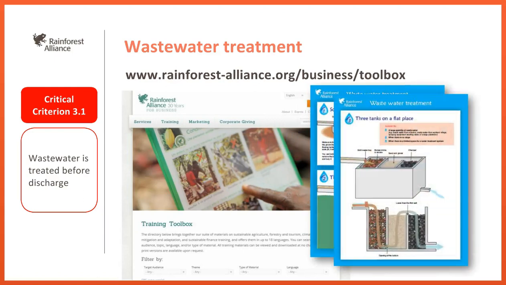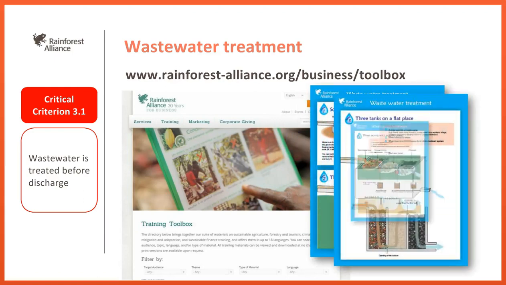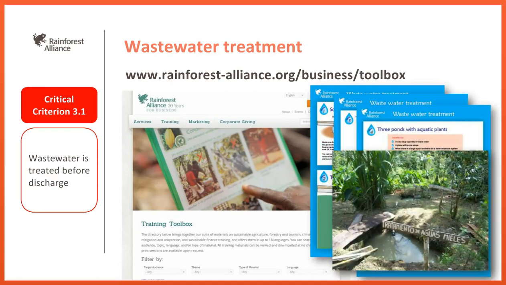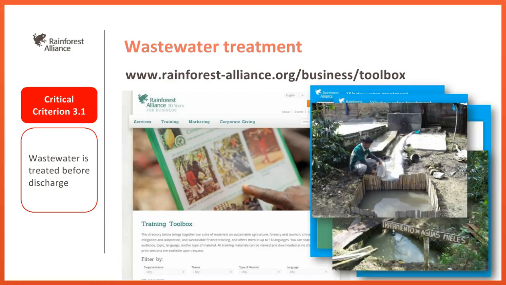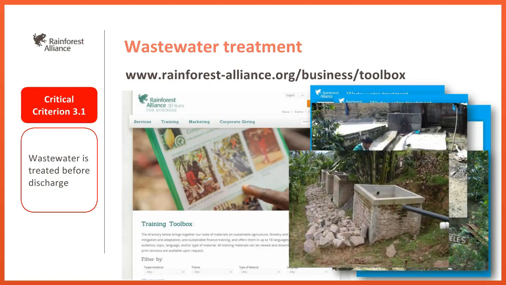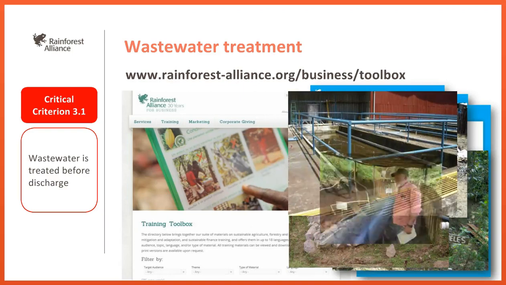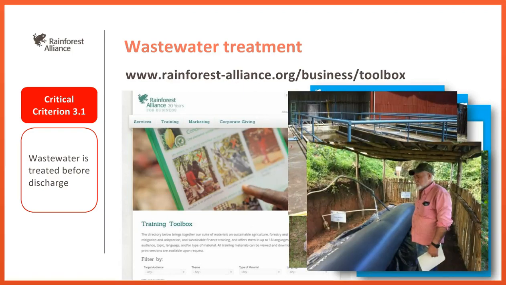You can find the one that is suitable for the volume of wastewater you generate and the geographic condition of your farm. You can see examples from many different countries and see videos of producers explaining their wastewater treatment systems. You will find examples from smallholder farms as well as big plantations. You will find an innovative example of a biogas production with wastewater as well.